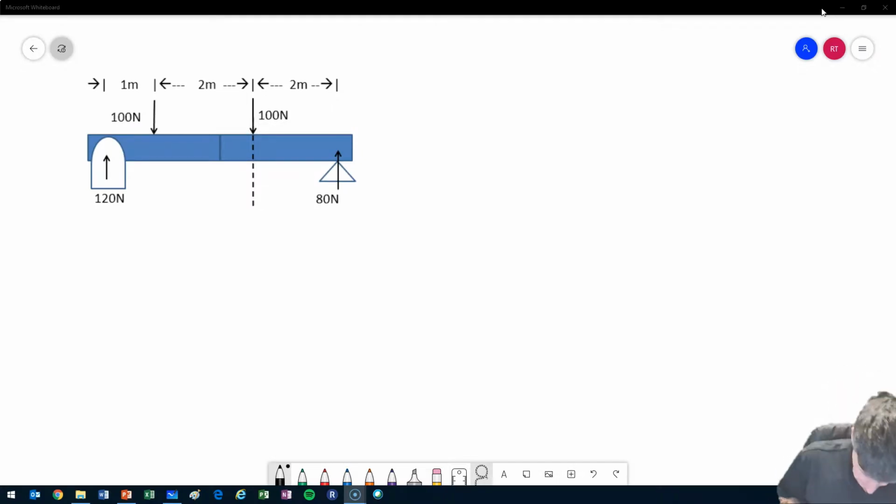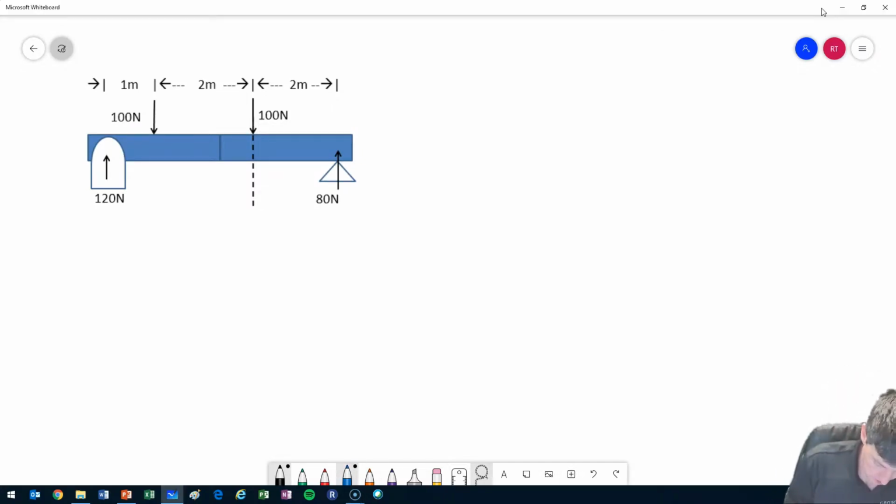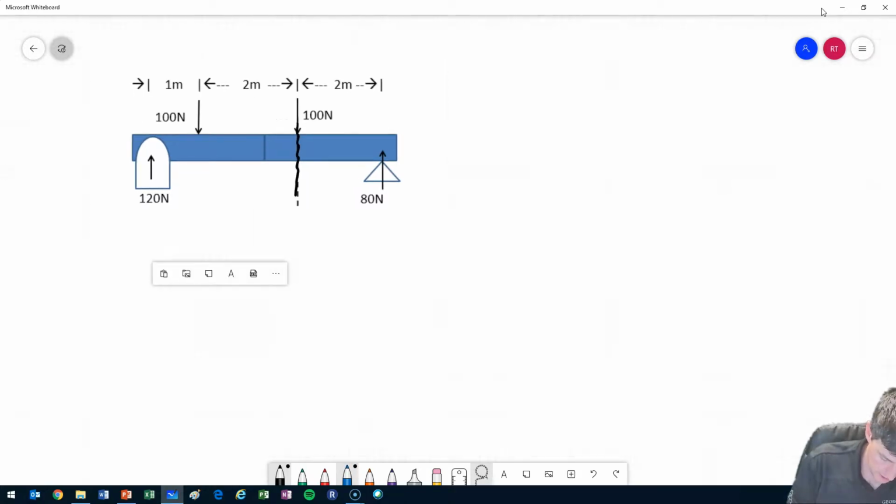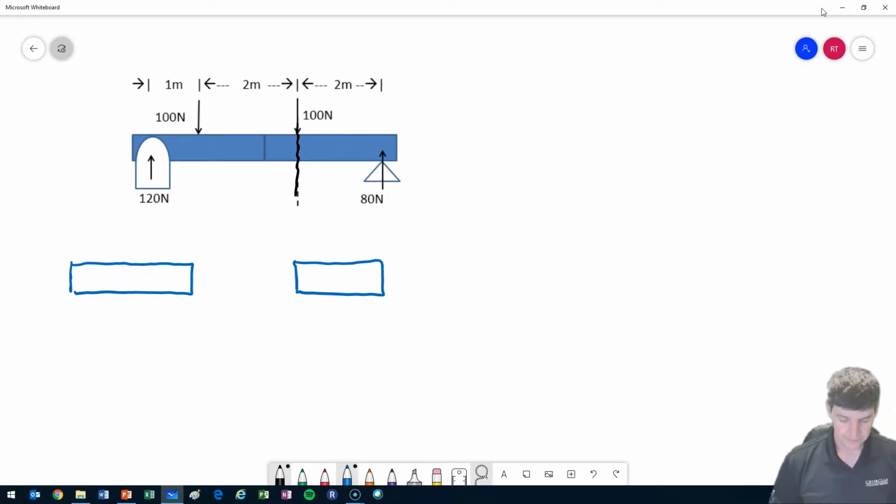Okay, so we're going to take the same approach. I'm going to slice it right down that slice. Great, and I'm going to draw my left hand side. So there's my left hand side, and I'm going to draw my right hand side. Okay.